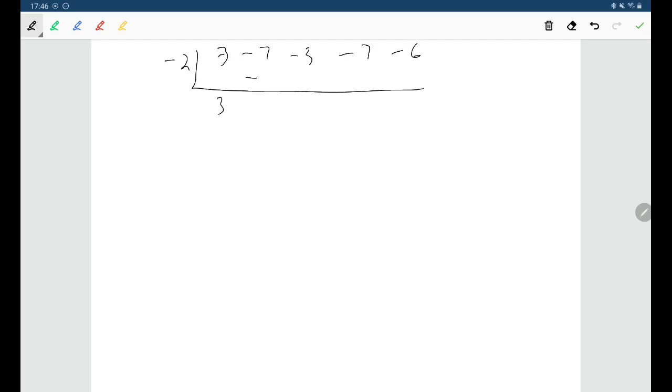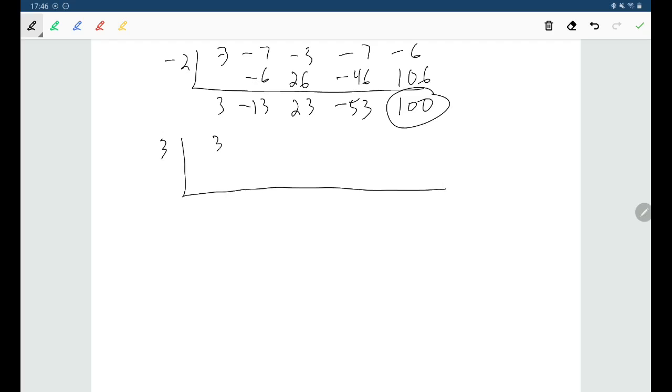Bringing down and multiplying and adding, and multiplying and adding, and nope, the remainder is not 0. So we've crossed positive and -2 off the list. Now let's move on to 3 and let's see what we get.